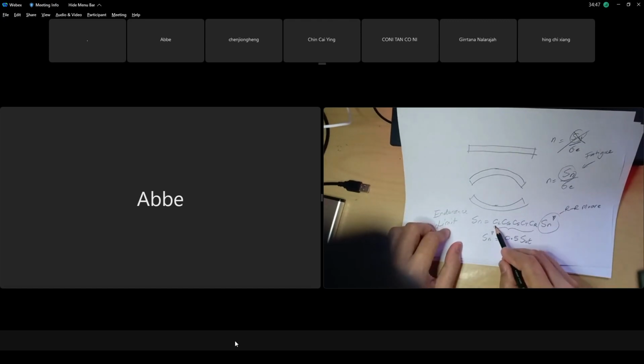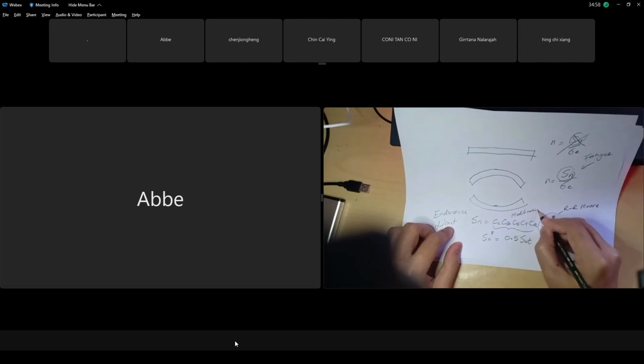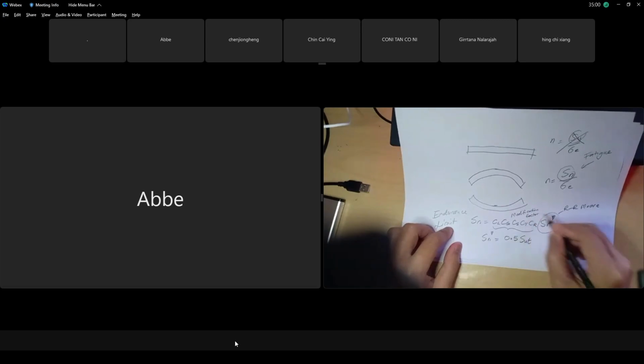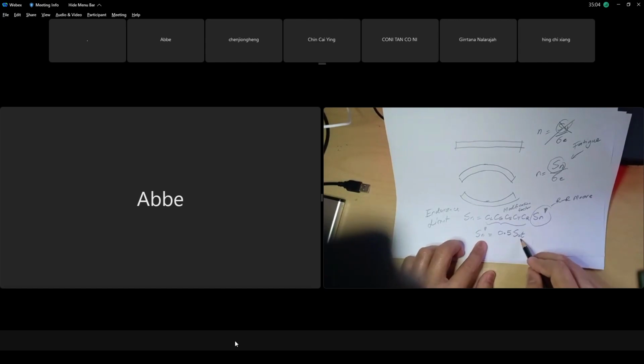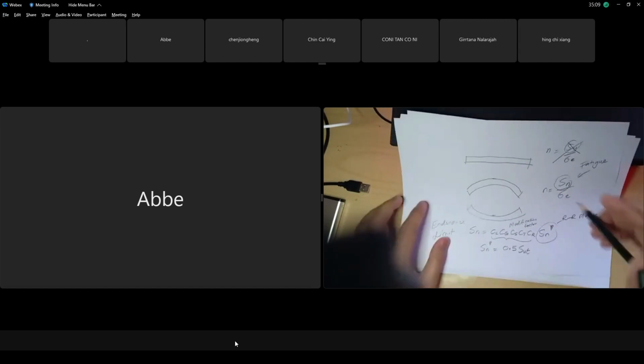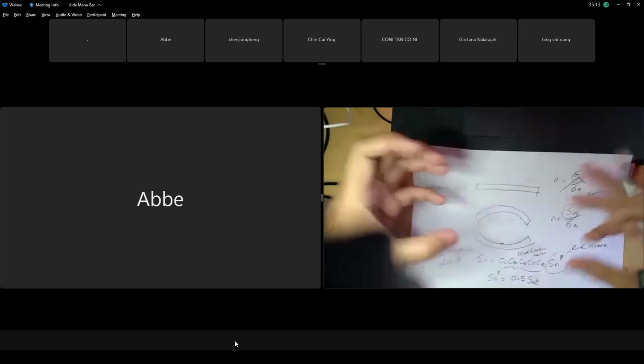So you multiply by all the modification factors, CL, CG, and so on. These are what we call modification factors, which adjust the standard specimen test, 0.5 SUT, to suit your case, the shaft analysis.